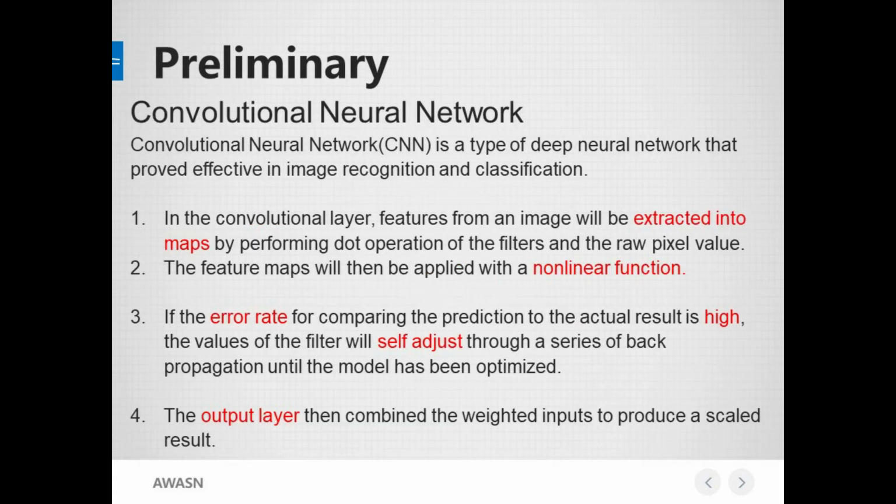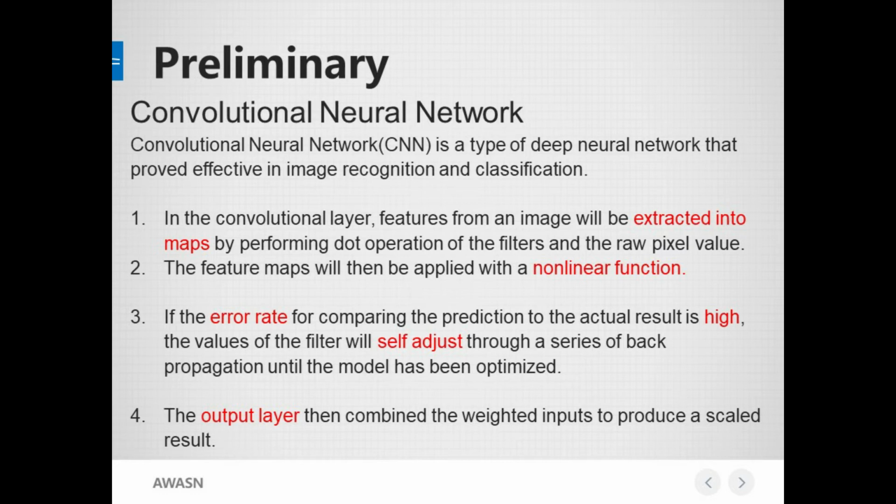Let's now move on to the other essential part of this work, CNN. CNN is a type of deep neural network that proves effective in image recognition and classification. The architecture of a CNN model consists of 3 types of layers: input layer, hidden layer, and output layer. The structure of these hidden layers is a variant of convolutional, pooling, fully connected layers, and an upper layer.